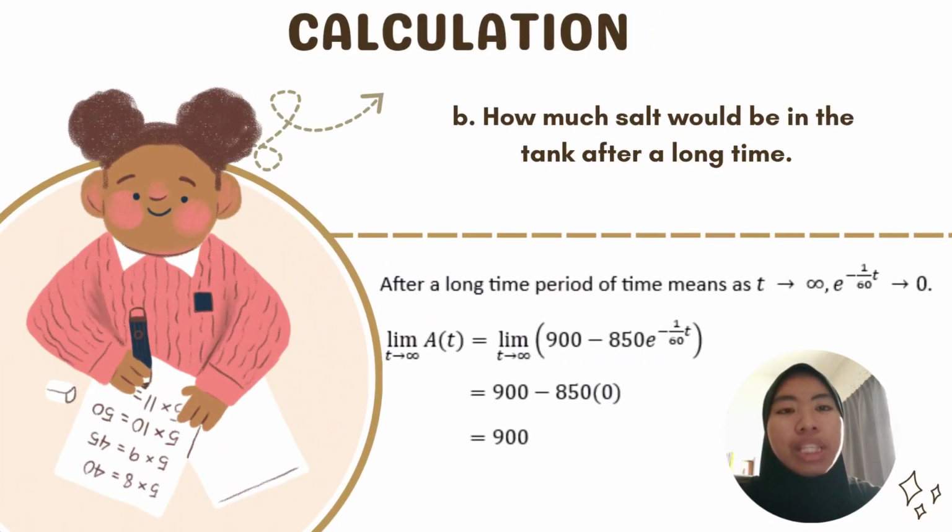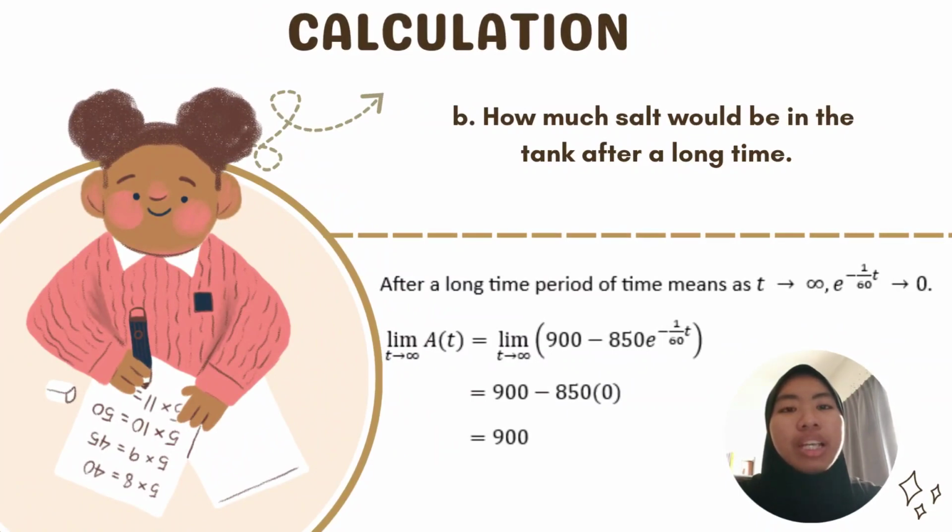Therefore, the limit as t goes to infinity of A(t) equal to the limit as t goes to infinity of 900 minus 850 multiplied by e to the power of negative 1 over 60 t. Since e to the power of negative 1 over 60 t goes to 0, then A(t) equal to 900 minus 850(0) equal to 900.